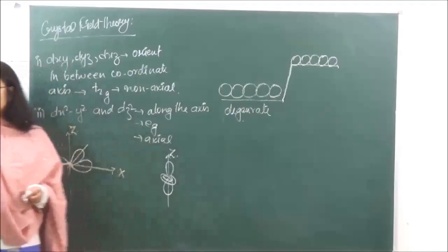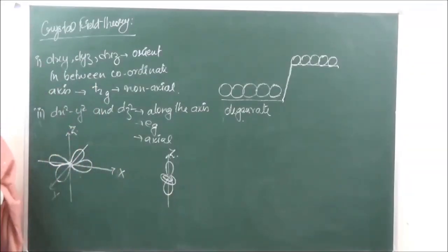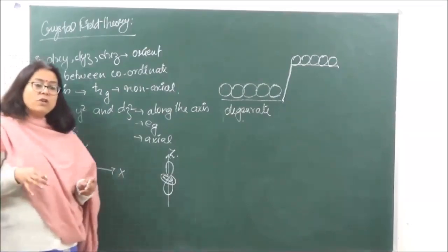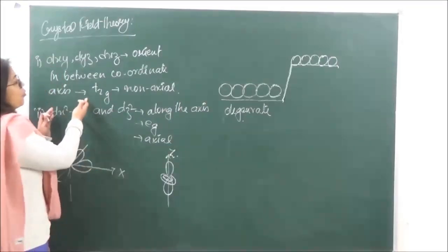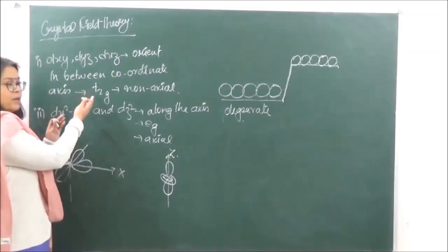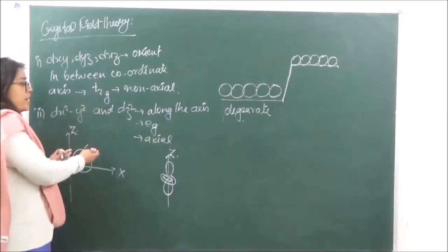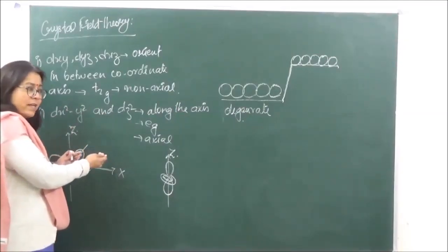Okay. Now the ligands which are approaching, what will happen? The ligands may approach either in the direction of the orientation, right? We are saying that here the orientation is going to be in between the coordinates. Here the orientation is going to be along the coordinates.